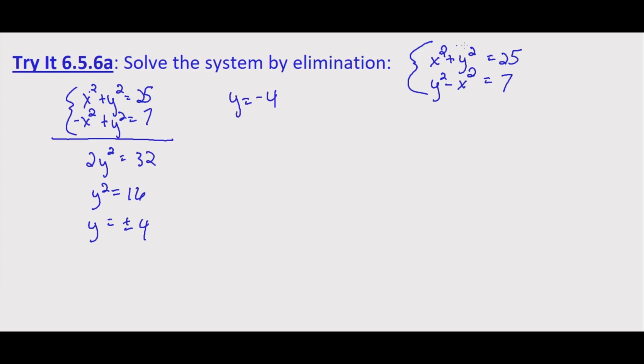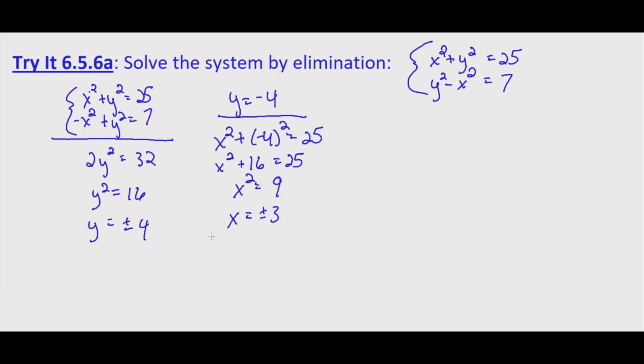We'll substitute that into our first equation, x squared plus negative 4 squared equals 25. That gives us x squared plus 16 equals 25. x squared equals 9, subtracting 16 from both sides. And then taking the square root, we get x equals plus or minus 3.